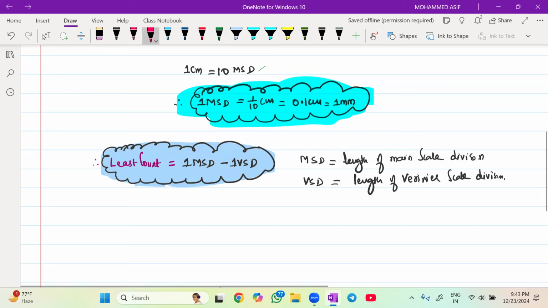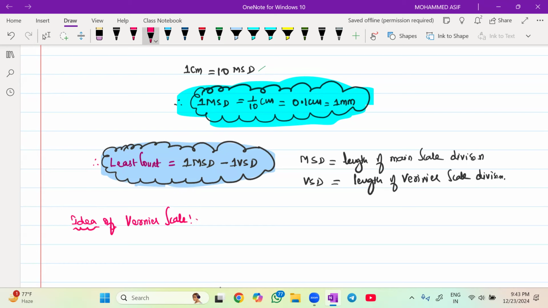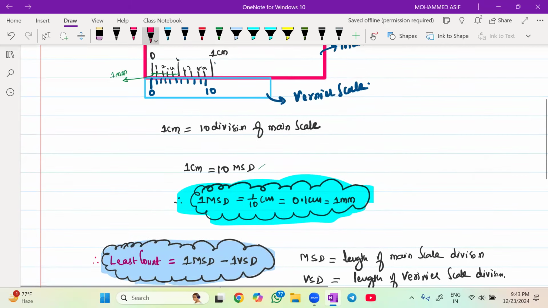Okay, sure. Now let us try to talk about the idea of the Vernier scale. How do you calculate with the Vernier scale? Now see, beta, in the above diagram, 10 divisions of the Vernier scale are coinciding with 9 of the main scale.